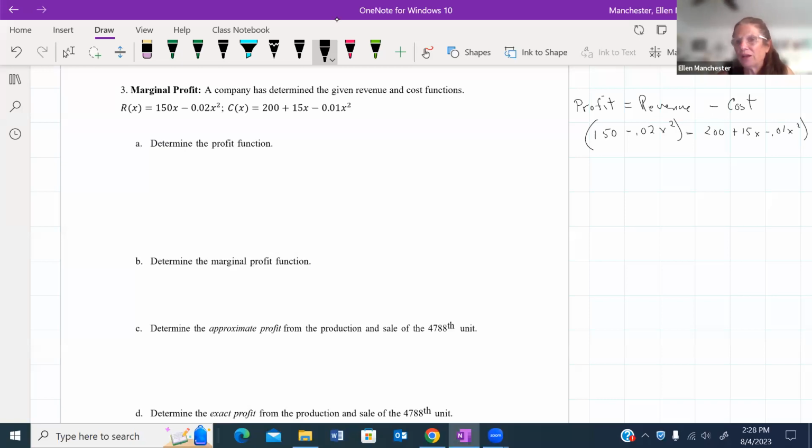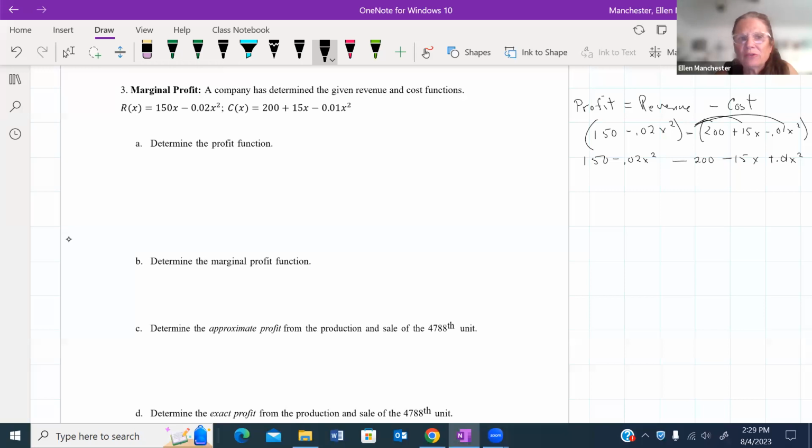Now I'm only subtracting off 200. I want to subtract off the total cost. Okay, so when I push this negative through everything, I end up with 150 minus 0.02 x squared minus 200 minus 15x plus 0.01 x squared. So make sure you're watching your signs. It's really important that you watch signs because that's where a lot of people mess up.